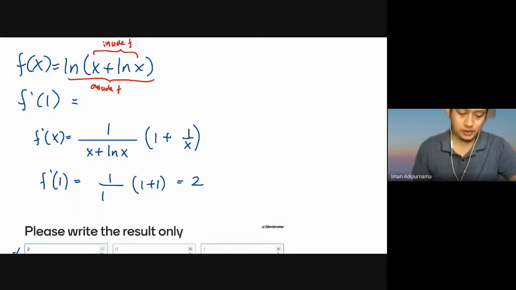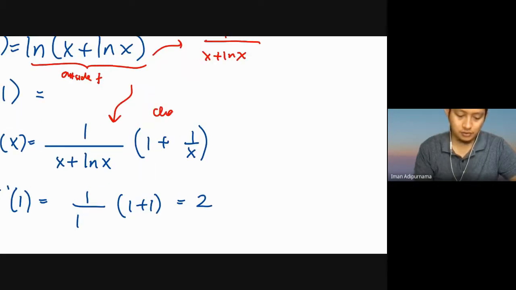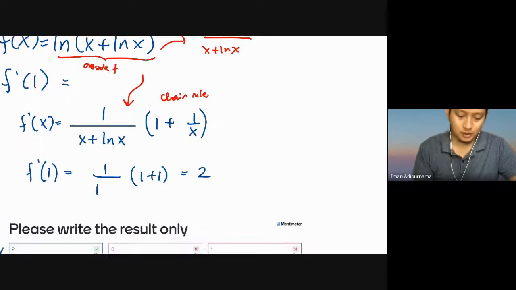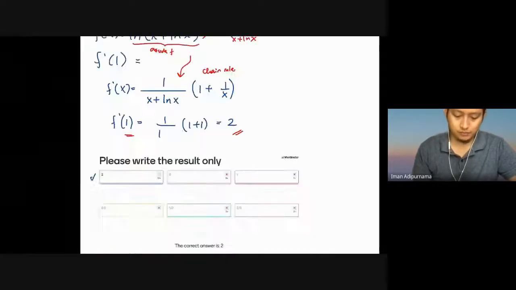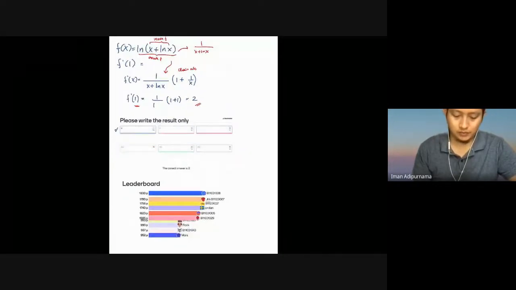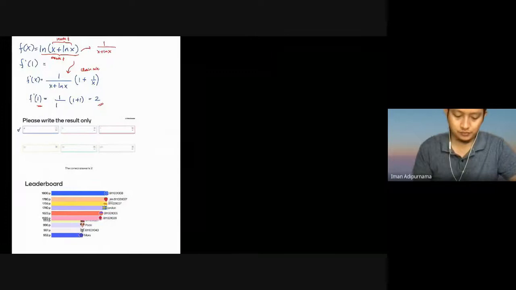This is the inside function, outside function. So the outside function is x plus ln x, and you will get precisely this, and this will be the chain rule. And evaluate at 1, you get 2. Okay, I think it should be okay for you.